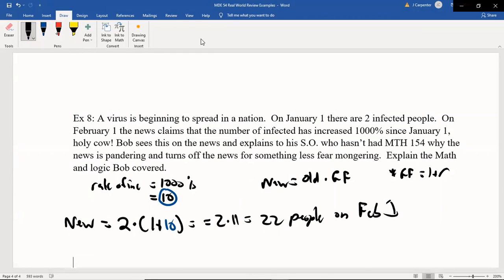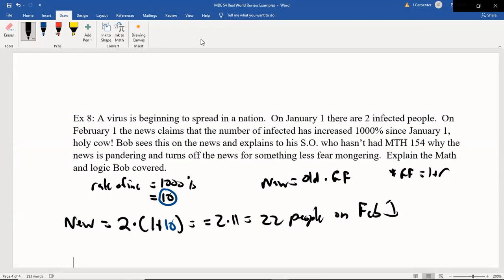Why is the news pandering? Oh, 1,000%. Oh my God, we should talk about this for hours and hours, and every day at 3 o'clock, 5 o'clock, 9 o'clock, 9 a.m. Well, you went from 2 people to 22 people. That's 20 more people that got infected. Is that significant? No, it's not significant, not yet at least. Does it mean that maybe 3 months from now it's not going to be significant?